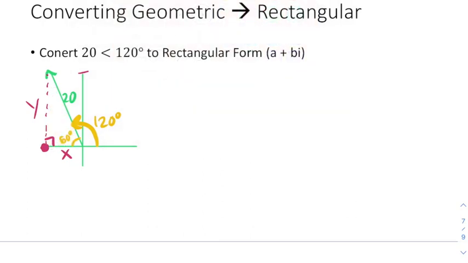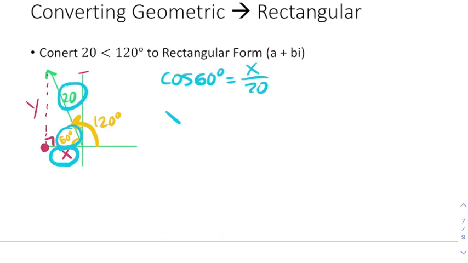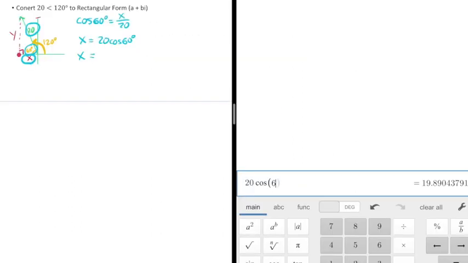Now, to find x, I know this angle, x is the adjacent side, and 20 is the hypotenuse. So I could use cosine. The cosine of 60 degrees equals the adjacent x over the hypotenuse 20. This gives us x equals 20 cosine 60, which my calculator tells me is 10.